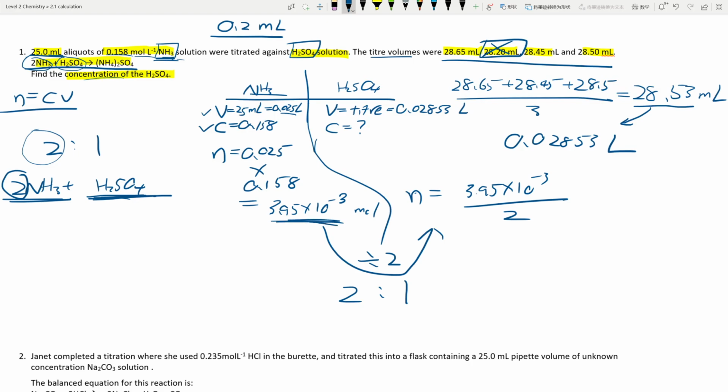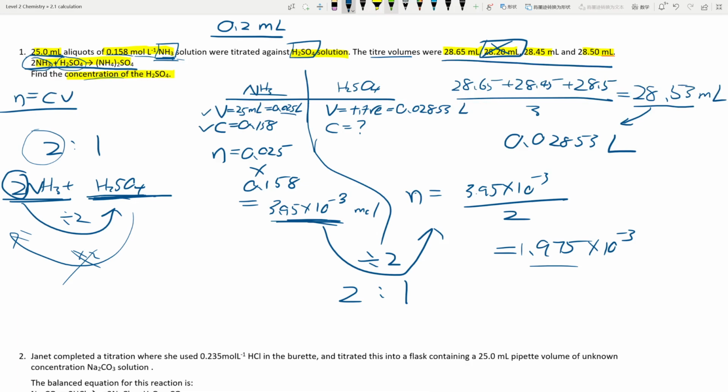I already know how many moles I have, so to go from that to that I need to divide it by 2, or you go the other way, you multiply by 2, but we don't need to do that here. Okay, so just use that number in your calculator, divide it by 2, and I get 1.975 times 10 to the power negative 3 mole. And you may go, oh, that's not 3.7, it should be 1.98. It's not the full answer yet, so you can get away with doing that here.